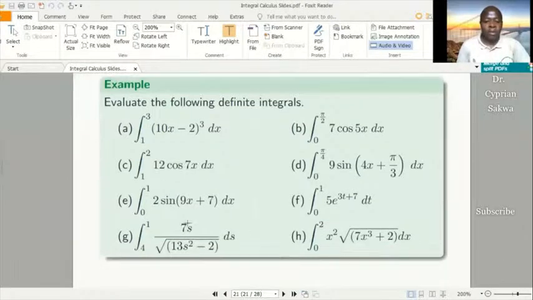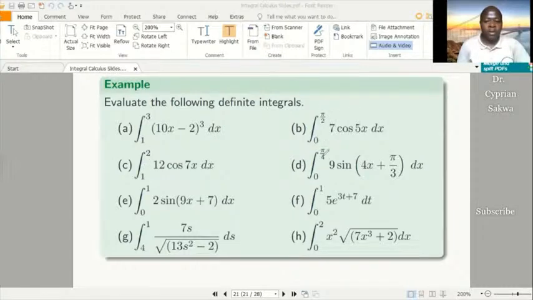There are very many good questions here, and we want to see how to approach them, especially when we are dealing with the limits. I want you to take note from the very beginning that this is integrating a trigonometric function, and look at the limits here. They are not the same as the limits we have in part C. We'll see how to treat these two because the way they're integrated is different. The limits here are just numbers 1 and 2, and these are angles.